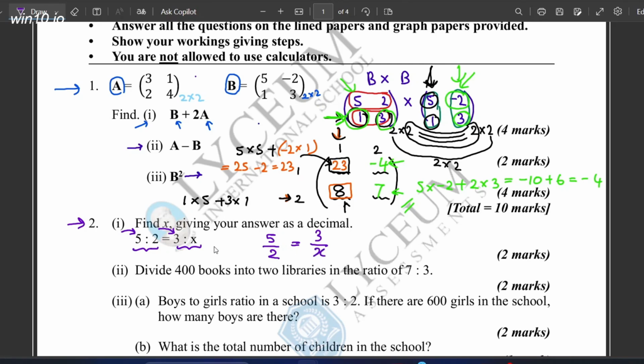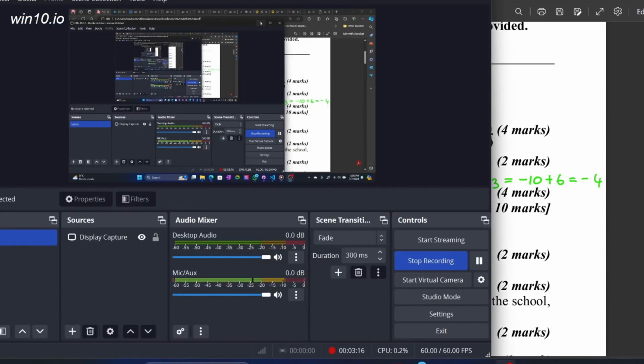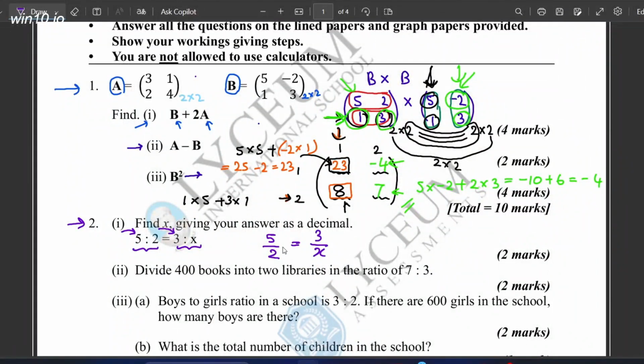Now we have equal fractions. Then what we can do, we can cross multiply. Okay, 5 times x equals 2 times 3. So 5x equals 6. Then x equals 6 over 5. Okay, that's the answer.